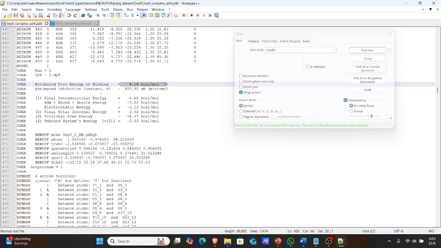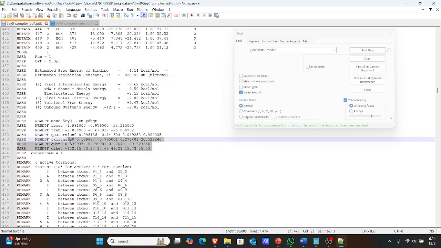And it also tells you what the inhibition constant is, which is this number. So generally a lower binding energy as well as a lower inhibition constant results in a stronger binding interaction.